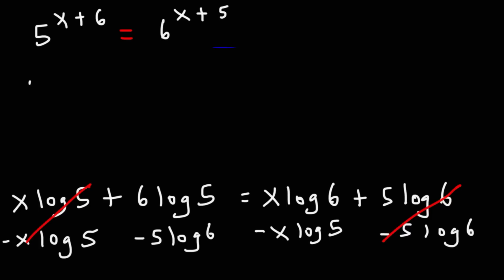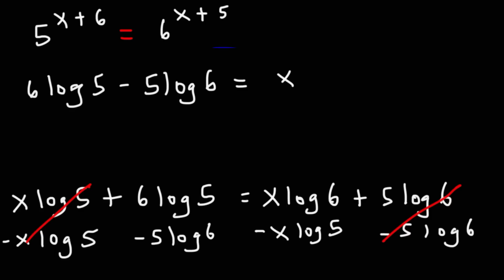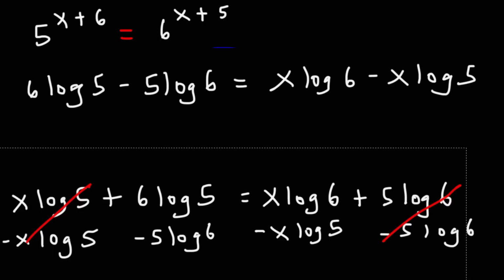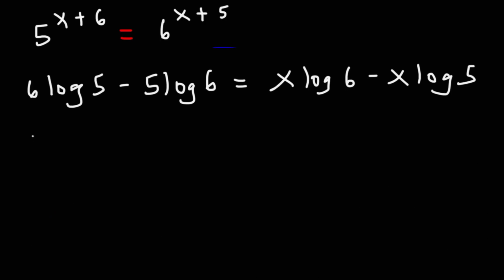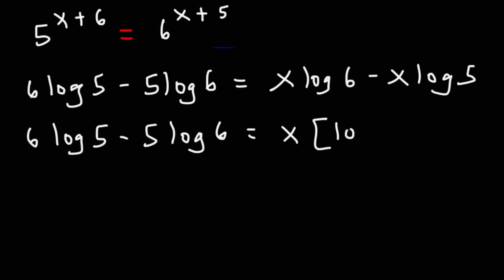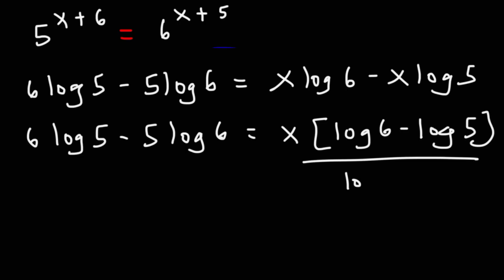On the left, we have 6 log 5 minus 5 log 6, and that's going to equal x log 6 minus x log 5. Now, on the right side, we can factor out an x. If we do so, we're going to be left with log 6 minus log 5. And now let's divide by that.